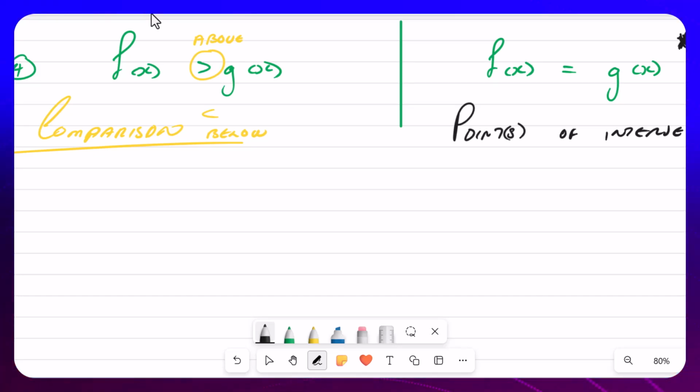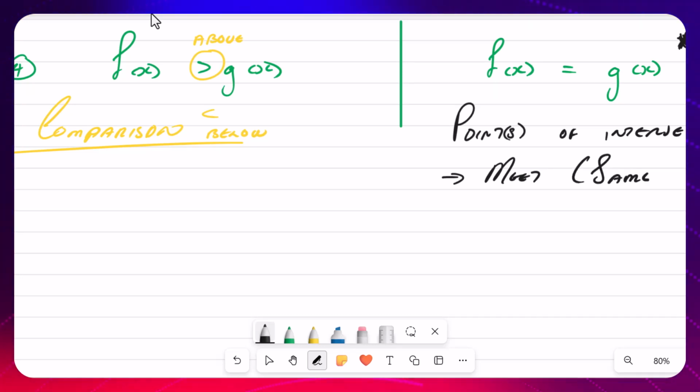So that's the point where they meet, and they would have the same x value, to be specific. So you need to calculate f of x equal to g of x before you do f of x greater than or less than g of x. Please always remember that. I'll give you a few minutes to write that down, then we can continue.